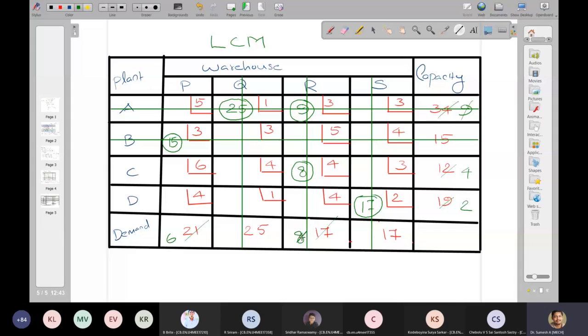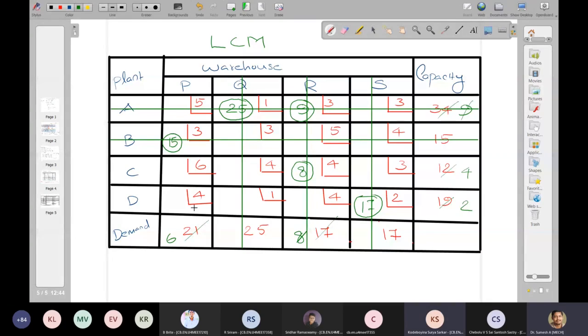Now what is left out? 6 demand from P, CP and DP. The lowest cost is 4. So for DP, demand is 6 and the left out capacity is only 2.